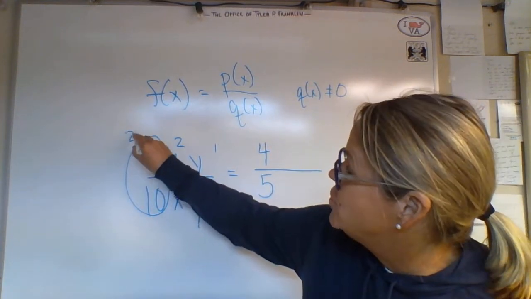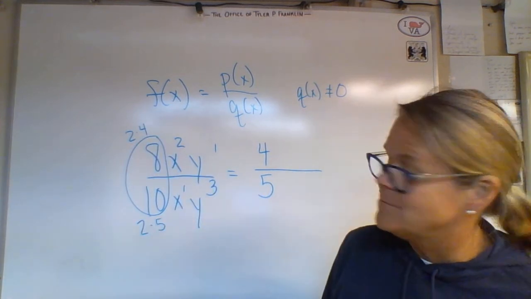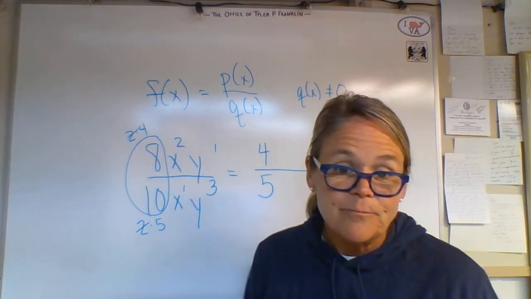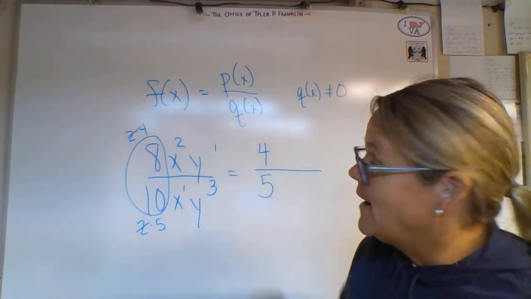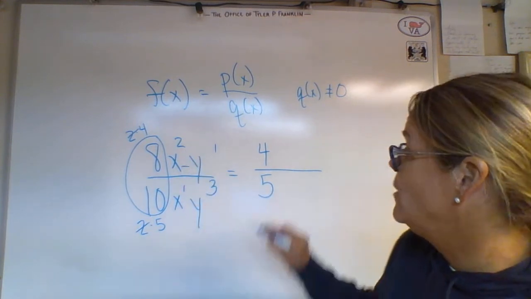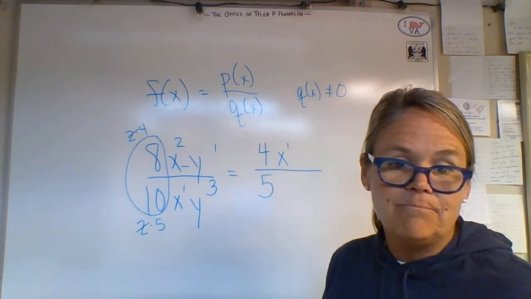But you could have thought of 8 as 2 times 4, 10 as 2 times 5, and the 2's cross out. What did you do with x squared over x to the first? You did 2 minus 1, which gave you x to the first, top minus bottom.